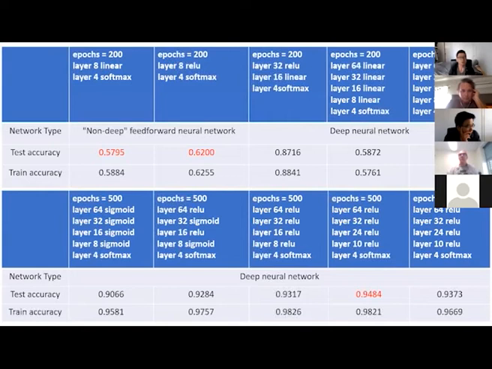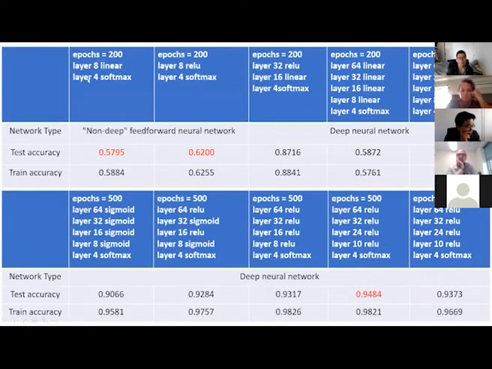For the first two, top left, I use a non-deep neural network, only one hidden layer, one input layer, one output layer. For the number 8, layer 8 means the number of neurons. Linear means the activation function I used.